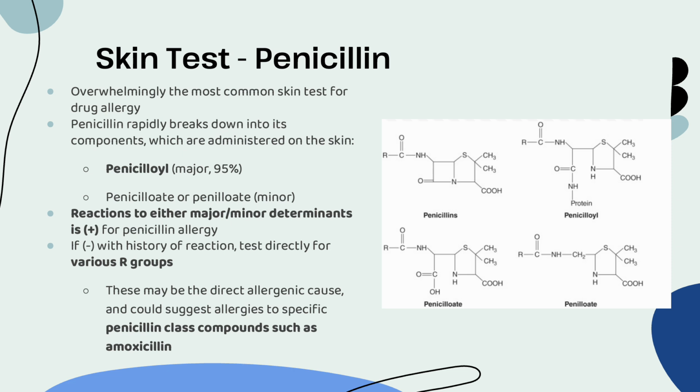If you're not familiar with organic chemistry, the rest of this molecule could be considered the backbone, the penicillin backbone. But the R group, depending on what that group is, could be a different class, such as amoxicillin. So if they're not reactive to any of the penicillin compounds, but they have a history, then they might be reactive to amoxicillin or some other related family.